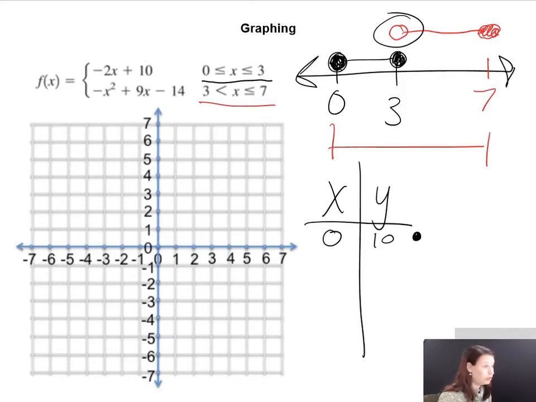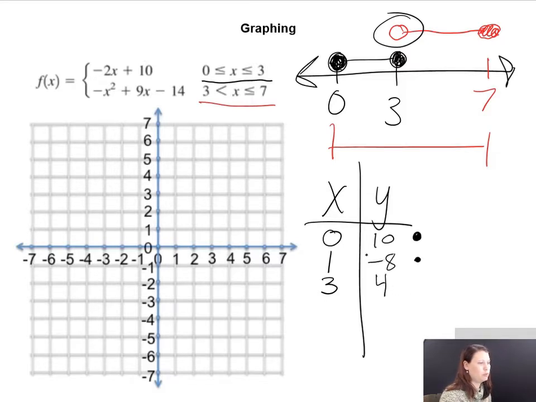Let's do 1. So 1, if we plug that in, negative 2 times 1 is negative 2, plus 10 is negative 8. That is still a filled in point, right? Not an empty circle. So then, let's go ahead and do the other endpoint of 3. If we plug 3 in, negative 2 times 3 is negative 6, plus 10 is positive 4, right?